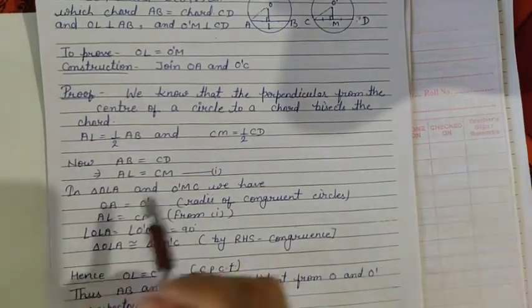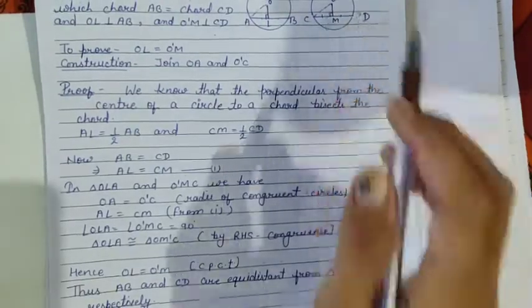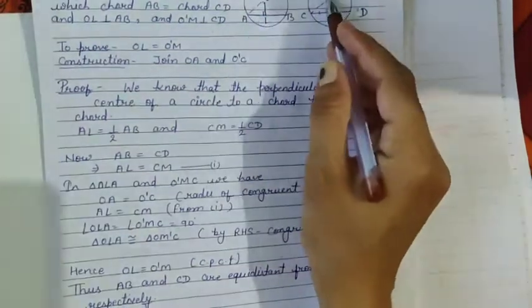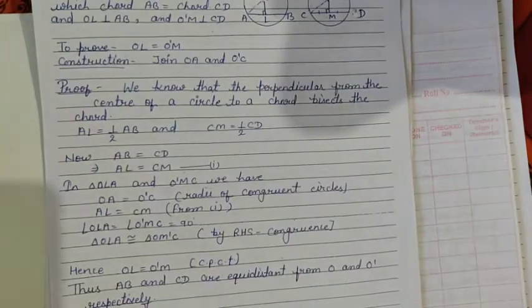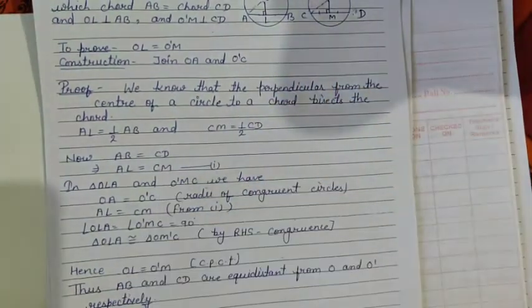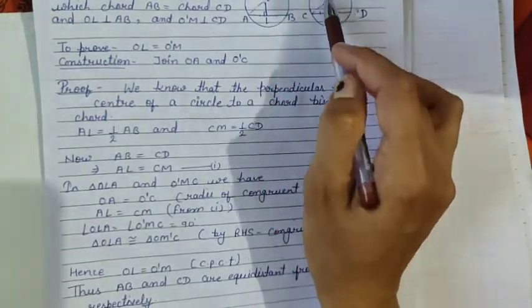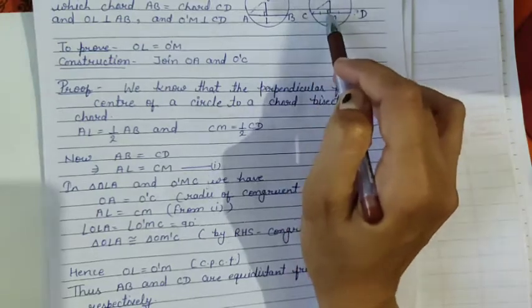Now, in triangles OLA and O'MC, we have OA equals O'C, radii of congruent circles, and AL equals CM by this, and angle OLA equals angle O'MC.